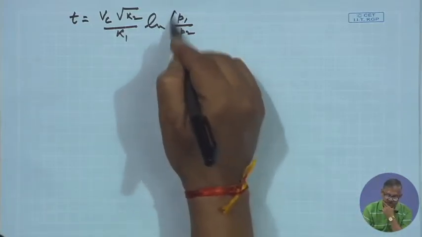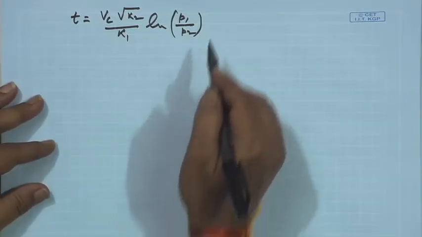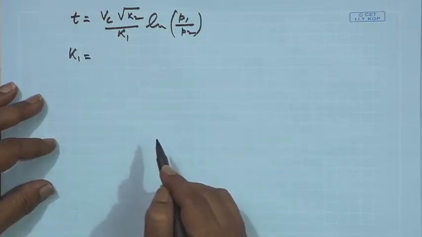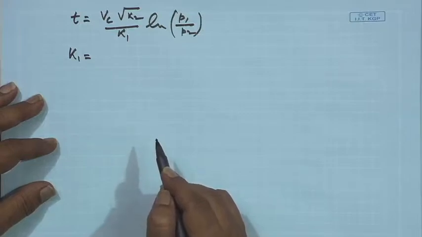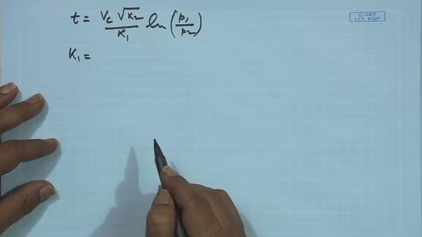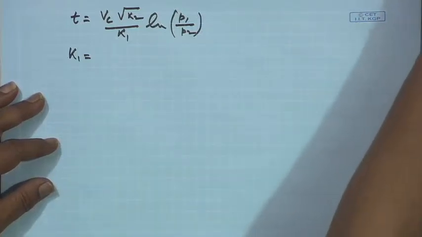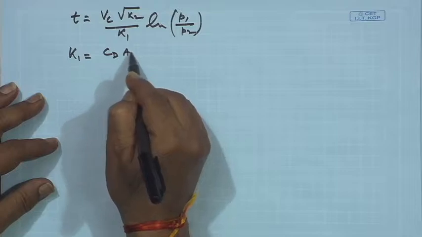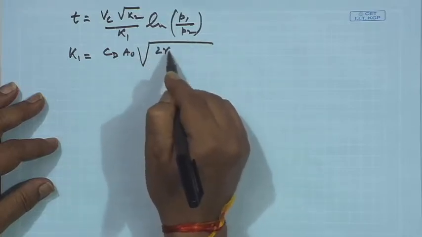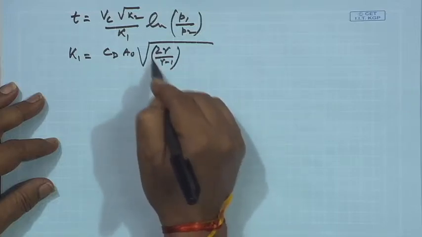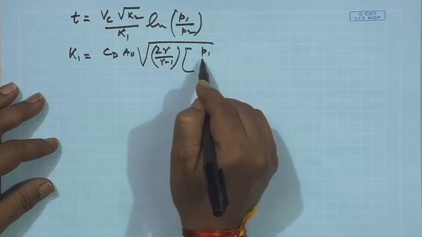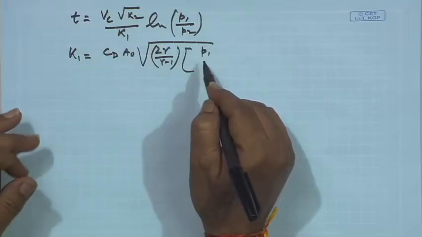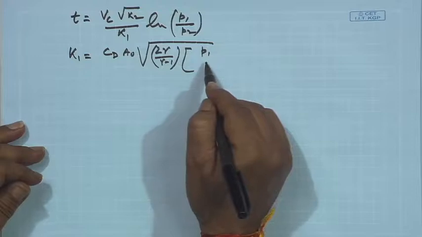We also said that K1 was CD A0 under root 2 gamma by gamma minus 1 times P0 or P1 over P2. Initial is P1 and final is P2.